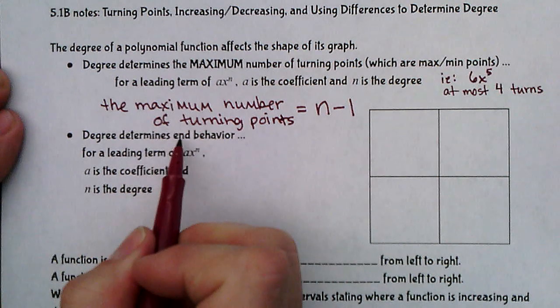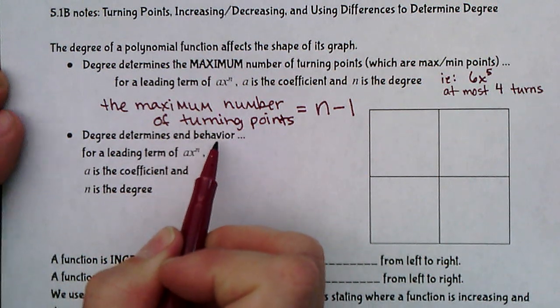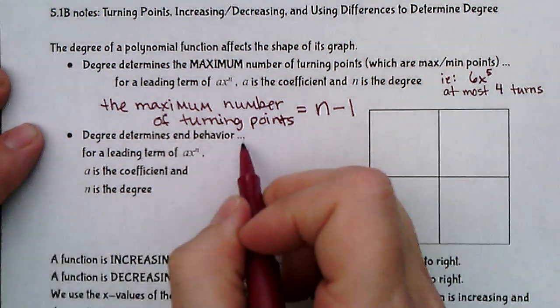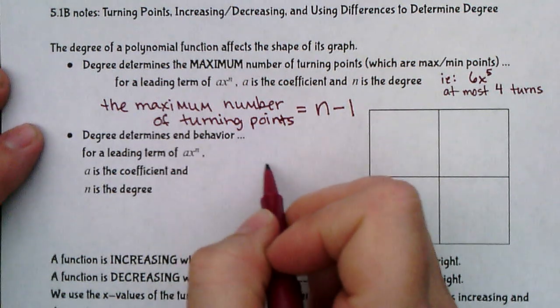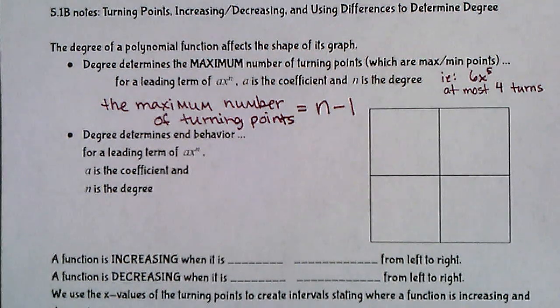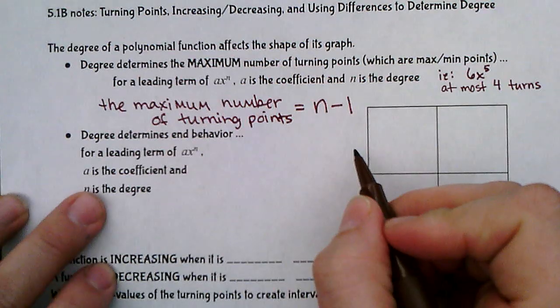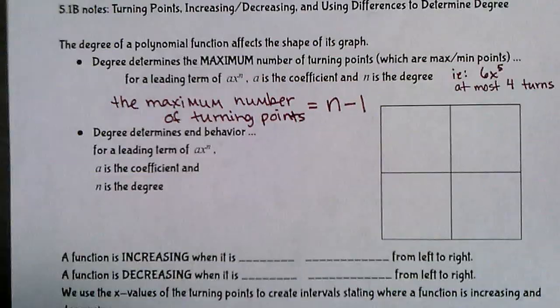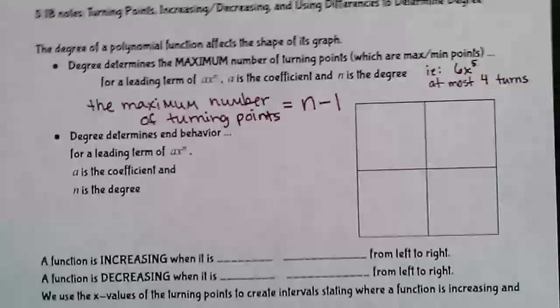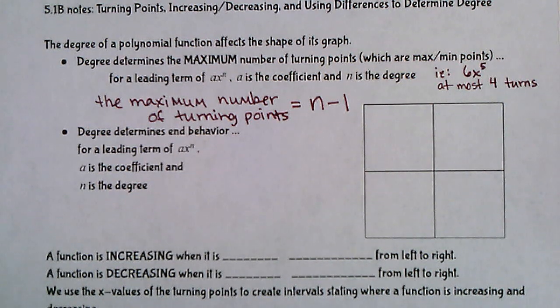The degree also determines the end behavior of the function. So if you remember parabolas, both ends go up or both ends go down. So when we have a leading term of ax to the n, where a is the leading coefficient and n is the degree, then we're going to fill out a little chart over here. We want to look at the leading coefficient and decide if it is positive or negative.